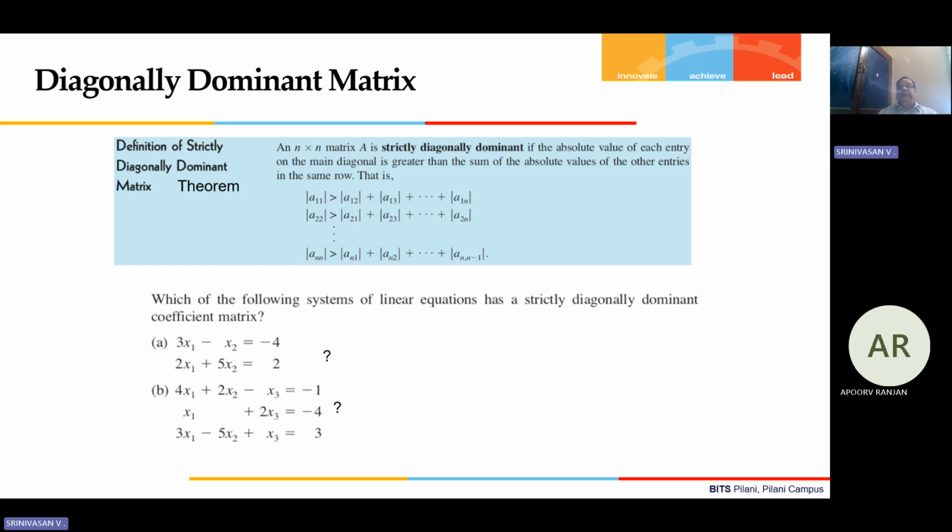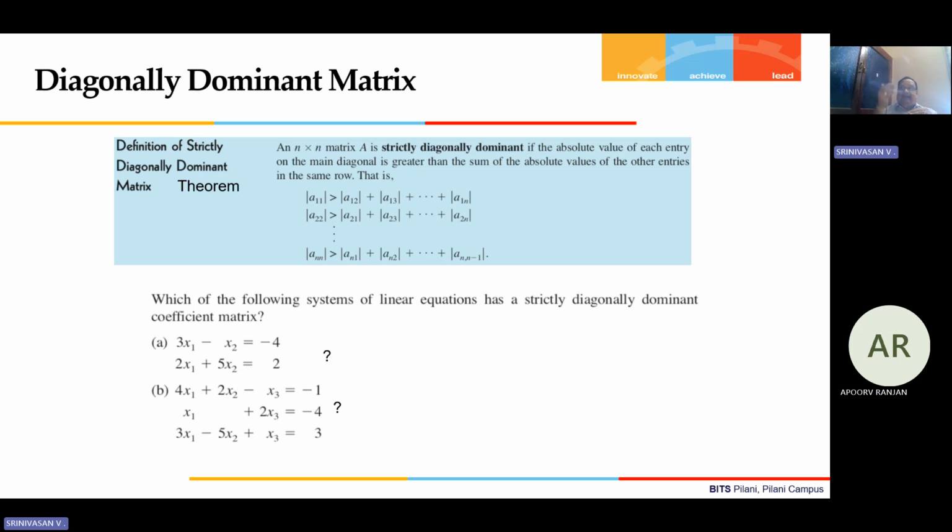But it is sufficient to see that the matrix is diagonally dominant, which means the absolute value of the principal diagonal elements, each of A11, A22, etc., Ann, supposing A is a matrix of n by n order, the absolute value of each of them must be greater than the sum of the absolute values of the other elements in that row.